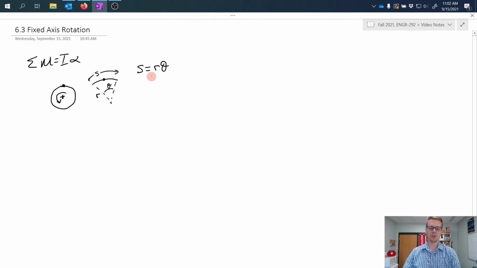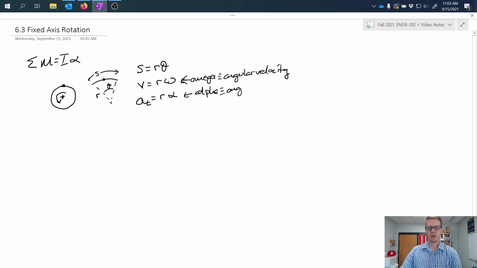So we'll start with this S equals r theta equation, and from there we can take derivatives on the way down and get velocity equals r omega, and acceleration, at least in the tangential direction, equal to r alpha, where omega is defined as angular velocity, and alpha is defined as angular acceleration.